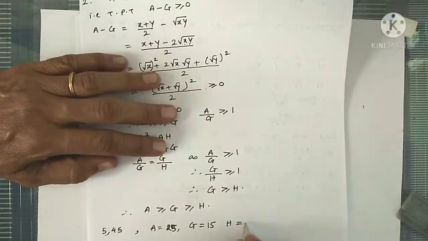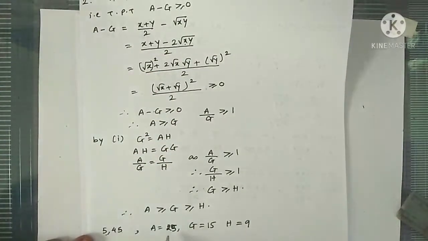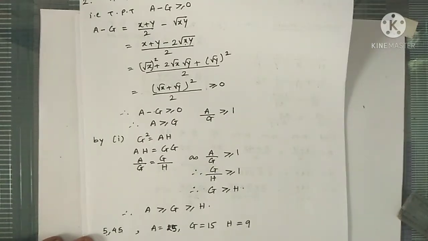So 25, 15, 9. So you can verify that A is the greatest number, then G, and then H. So A is greater than or equal to G, which is greater than or equal to H. Okay, the first one is important, G square equal to AH.